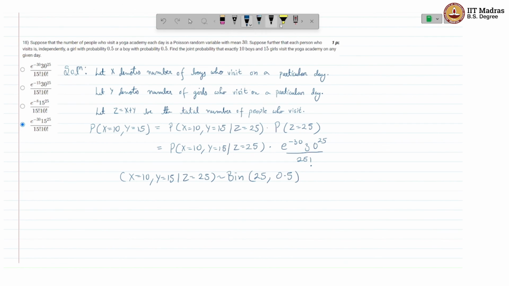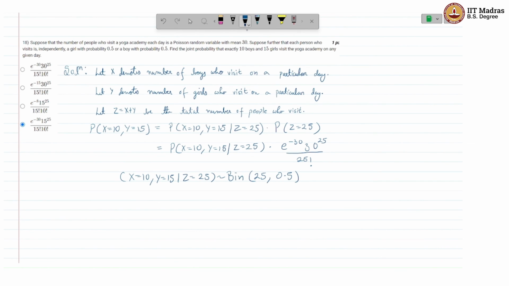And why is that? On considering a boy visiting the yoga academy as a success, here Z is the total number of people visiting the yoga academy, and 10 is the number of boys visiting the yoga academy, which is success for us. And what is the probability that a boy visits the yoga academy? It is 0.5. So this will follow a binomial.